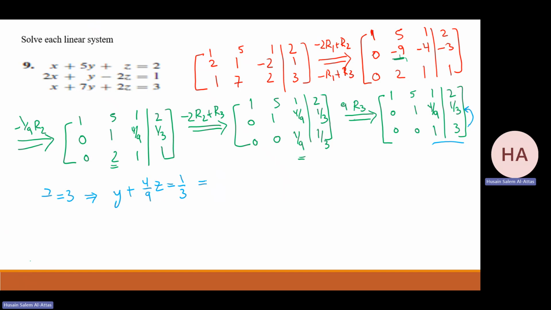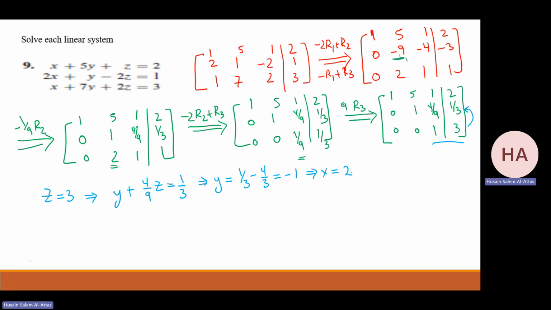So y will be equal to what? 1 over 3. If z equals 3, that's 4 over 3, so 1 over 3 minus 4 over 3. That will be minus 1. Now plug everything in the first equation.